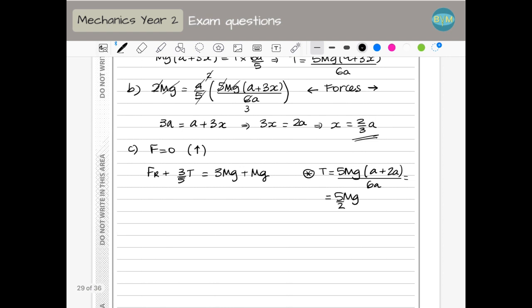So I'm going to substitute that tension here, and I'm going to find the friction. So I have friction plus 3/5 times the tension, which is 5/2 mg, is going to be 4 mg.